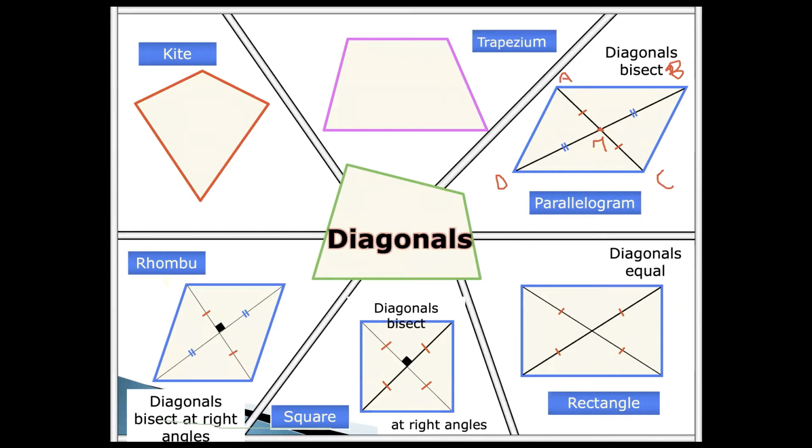Again, all of them have two diagonals, and in all of them the diagonals bisect each other. This is the first formation. Now, I have right angles in the rectangle and the square. The rectangle and square have two equal diagonals.